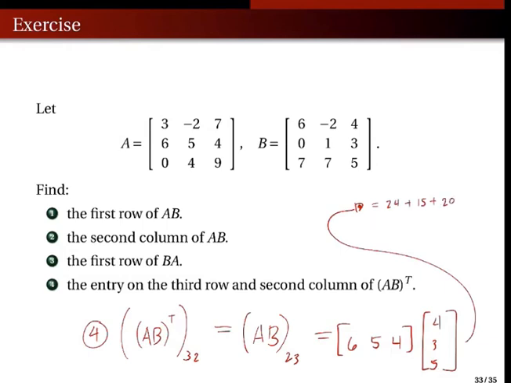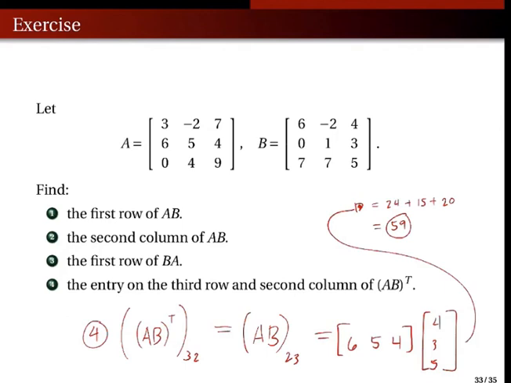So this is equal to 24 plus 15, that's 39, plus 20, that's 59. So that's the entry on the third row, second column of AB transpose.